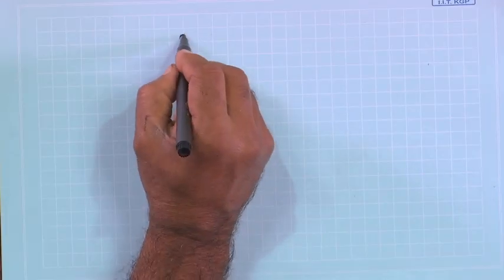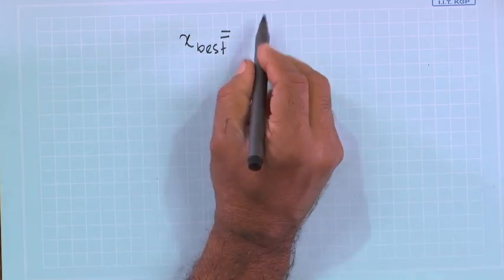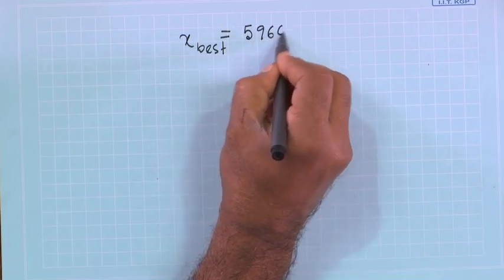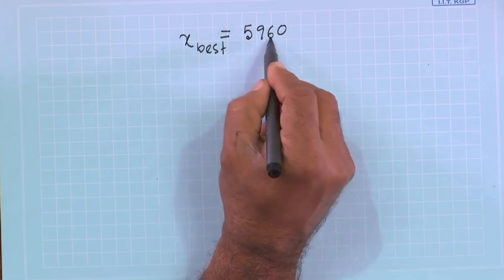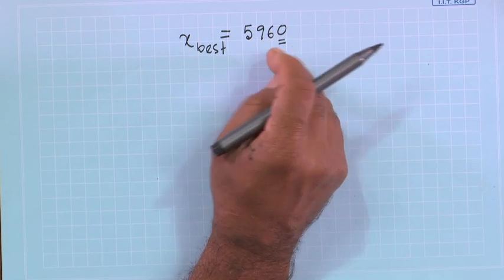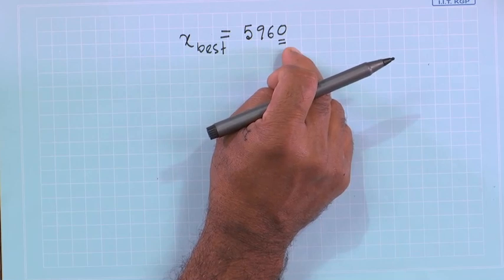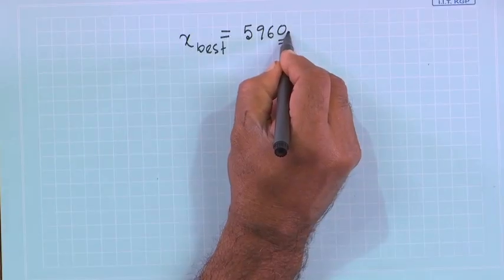This is very useful for writing the exact value. As I told you, for 5960 as per the rule, the number of significant figures is 3: 1, 2, 3. The 0 to the right of the non-zero digit is not significant, but if you feel that it is significant and we cannot neglect it, then we generally write it this way.